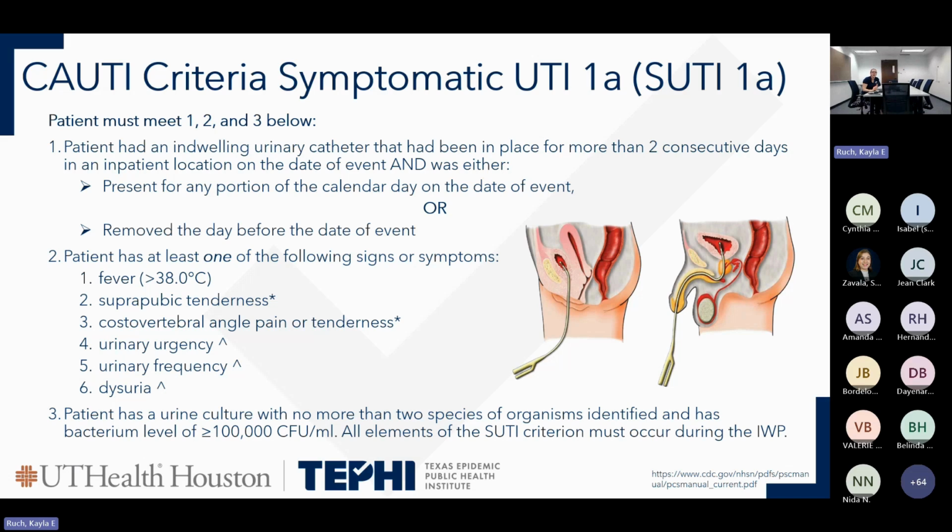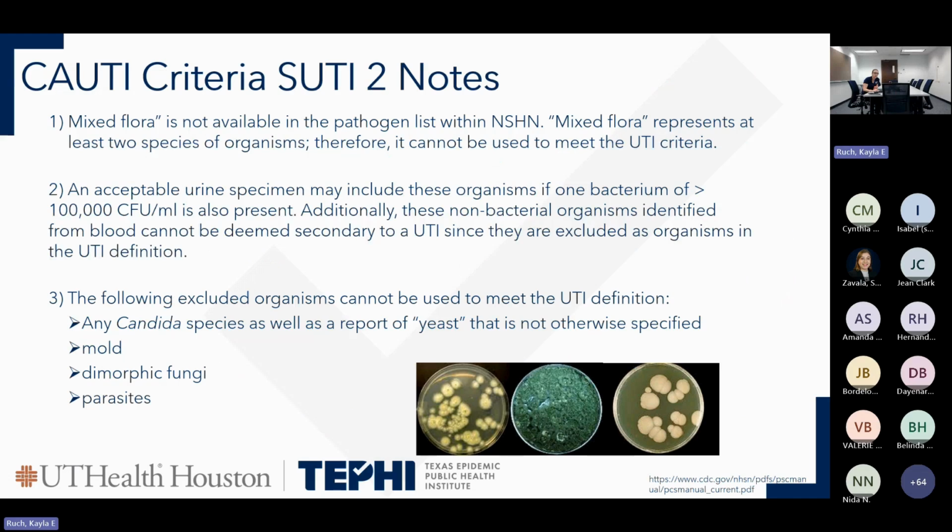And then they need to have a urinary culture with over 100,000 CFUs per milliliter in that culture growth, and it can't be more than 2 organisms. If it's 3, it's excluded.